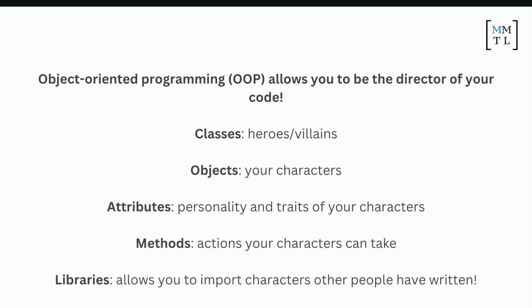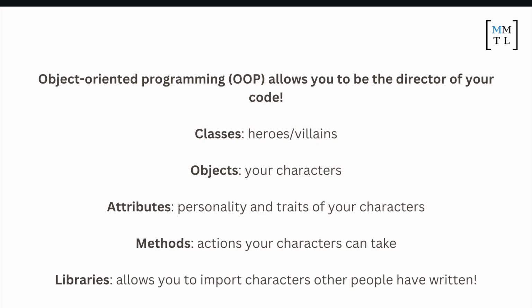Your characters belong to one of these classes, so they take on those blueprint traits of your class. Each of your objects has attributes and methods. The attributes are the personality and traits of your character, and the methods are the actions or abilities that your characters have. And then libraries are things that other people have written. These are packages that you can import into your own code, so you can use all of that functionality and you don't have to write it all yourself.